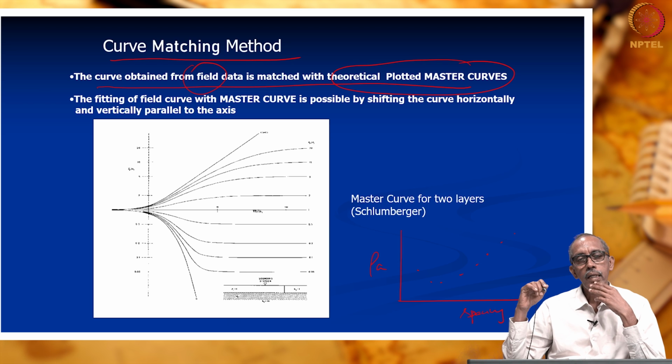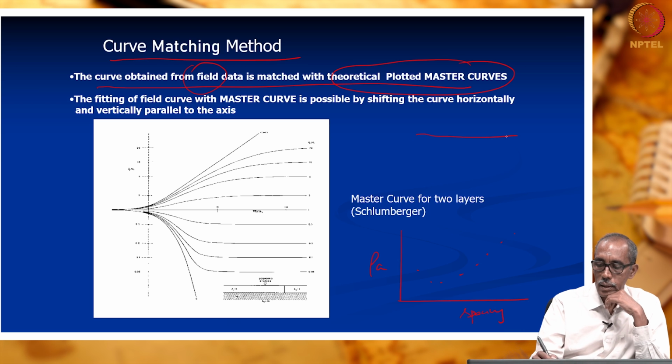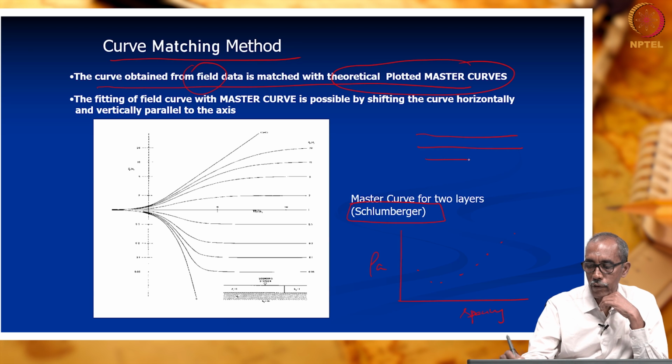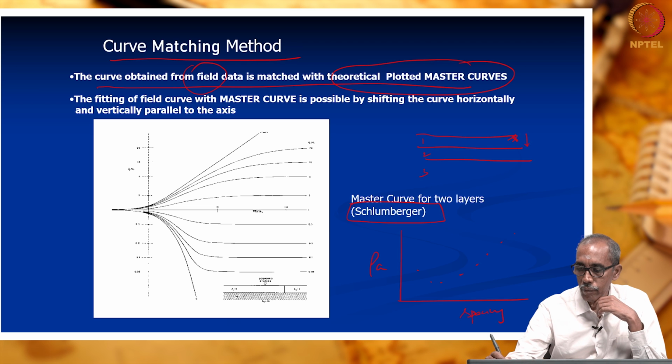How did we arrive at theoretical master curves? The researcher Schlumberger assumed different configurations of the subsurface. This is layer 1, layer 2, layer 3. Imagine layer 1 is of 1 meter thickness, layer 2 is 1.2 meter thickness.